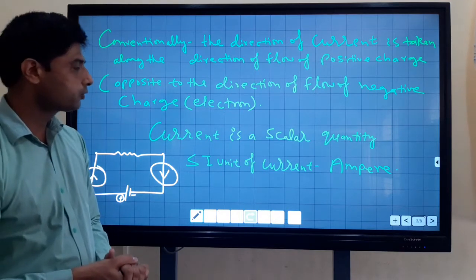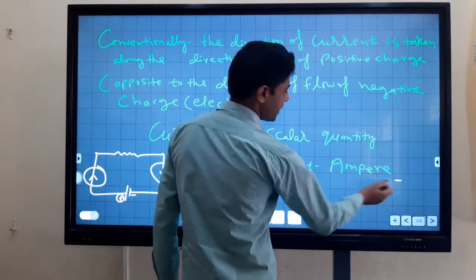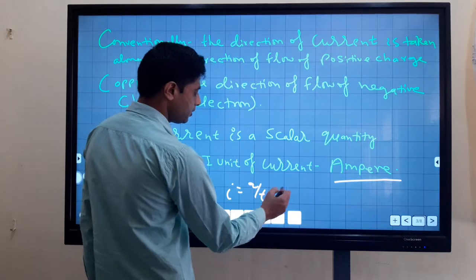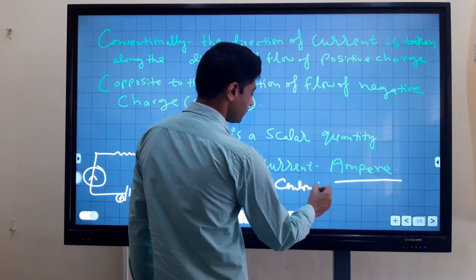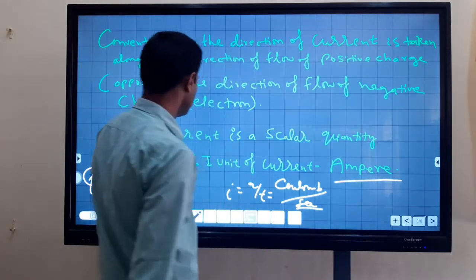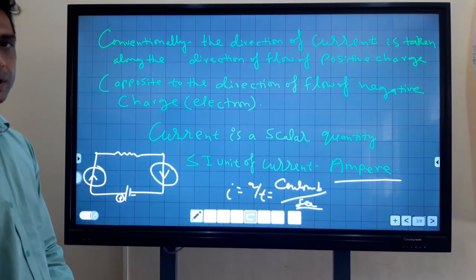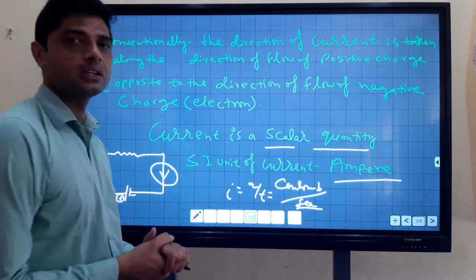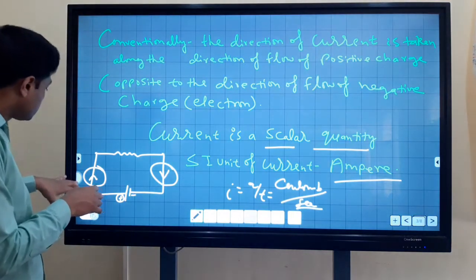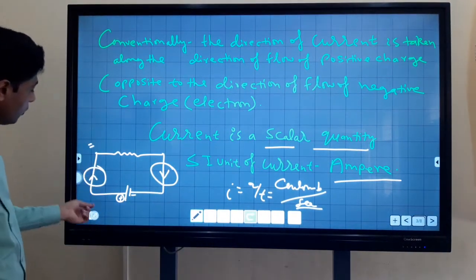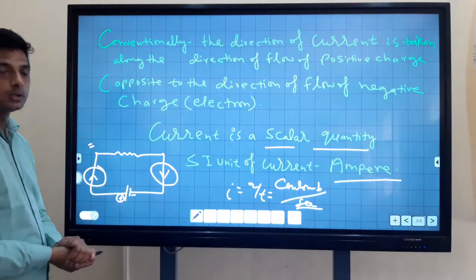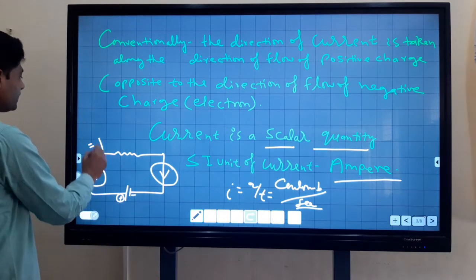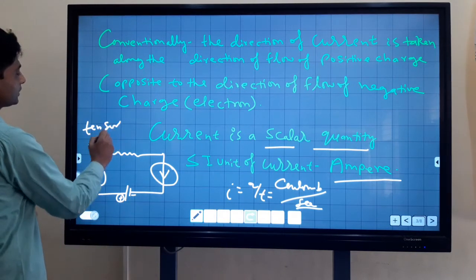The SI unit of current is the ampere. According to the formula I equals Q upon T, we can also take coulomb per second. And current is a scalar quantity because it does not obey the rule of vector sum. But current always flows from positive to negative, so the direction of current is fixed.